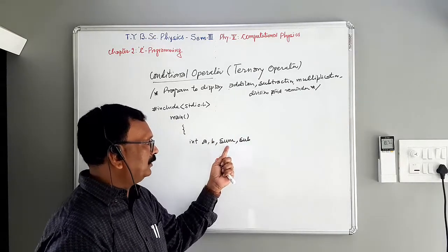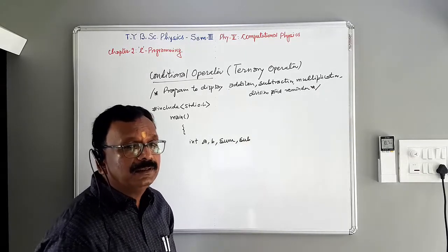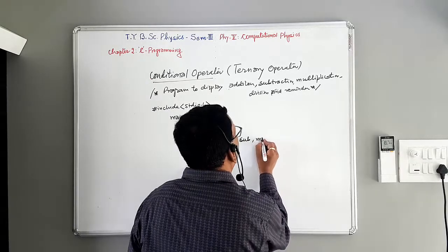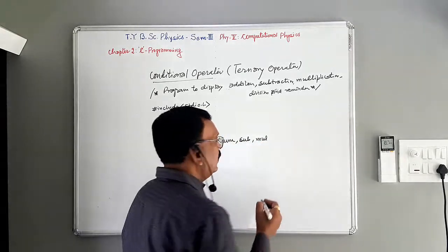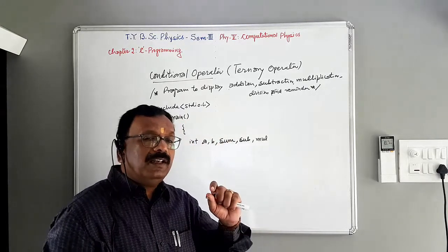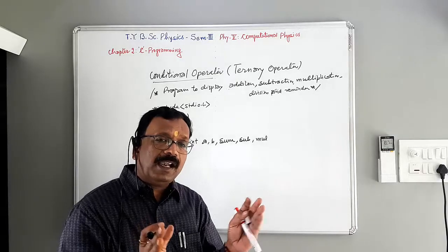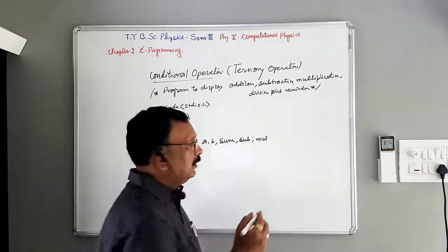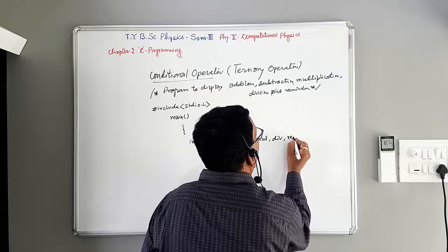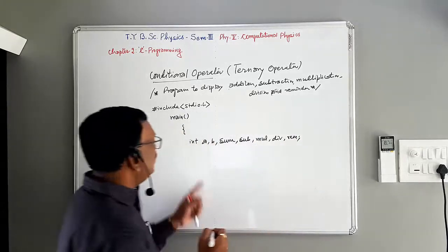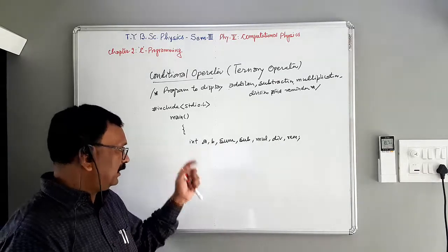For addition, we use sum. For subtraction, we use only sub. Then mul, which means multiplication. This is the abbreviation of multiplication, because the compiler does not consider a word length greater than 8. Then division and remainder. These variables are declared by this statement, int.